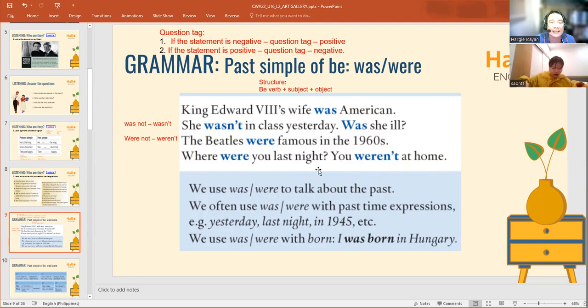Okay, so positive statement, in asking a question: where were you last night? Again, asking a where question, where were you last night? And then you are going to say you weren't at home. So, subject plus negative, weren't you. This one is a negative statement, and this one is the positive tag.